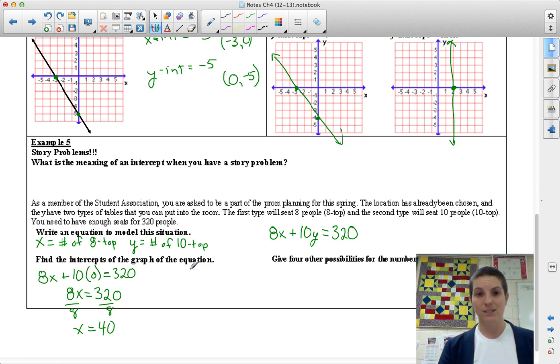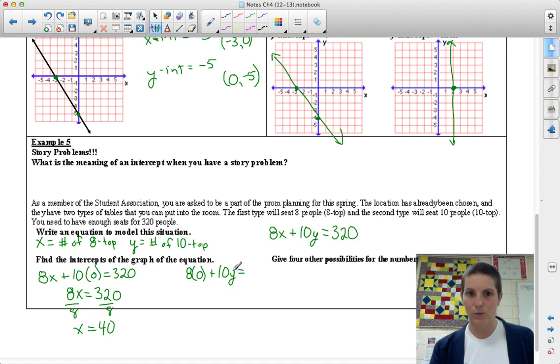In contrast, what if I didn't put any 8 tops and I only used 10 tops? That's my y-intercept. No 8 tops, plus how many 10 tops? Right? 10 people for every table.